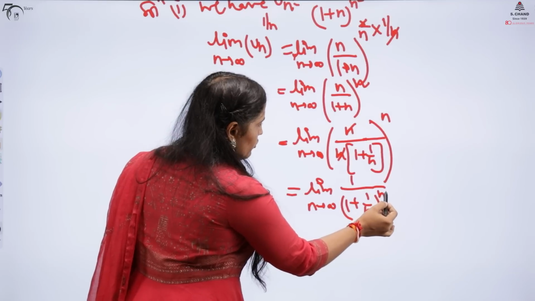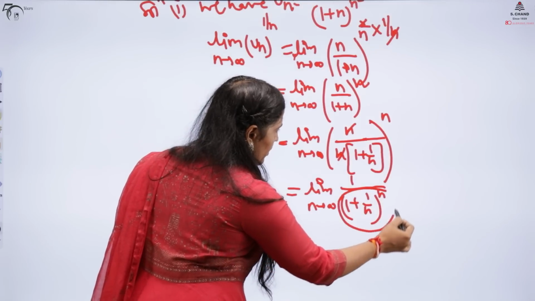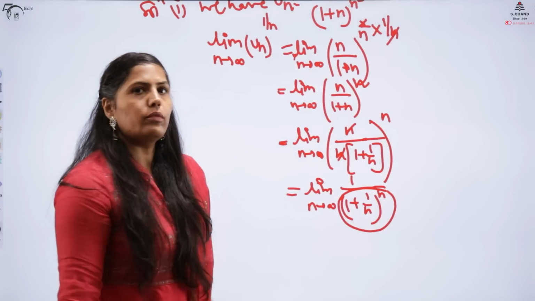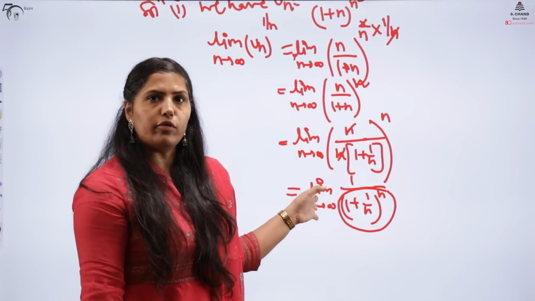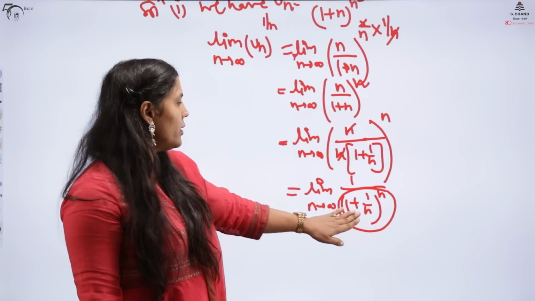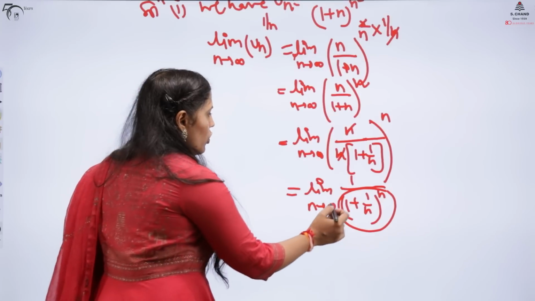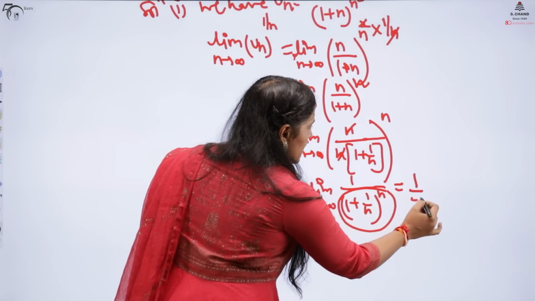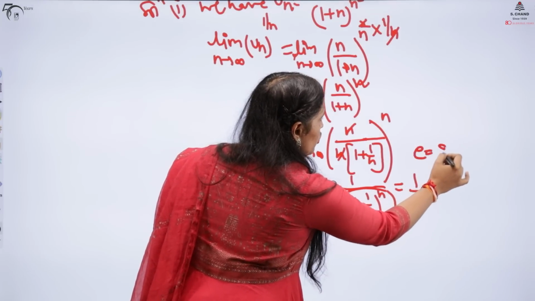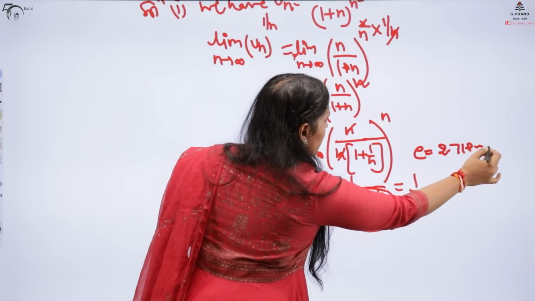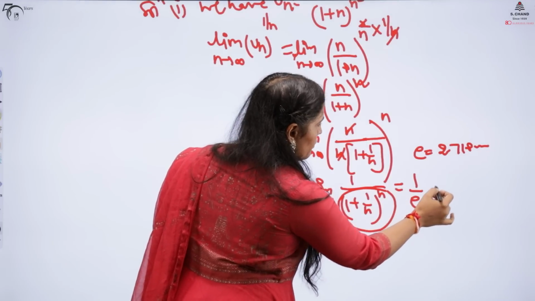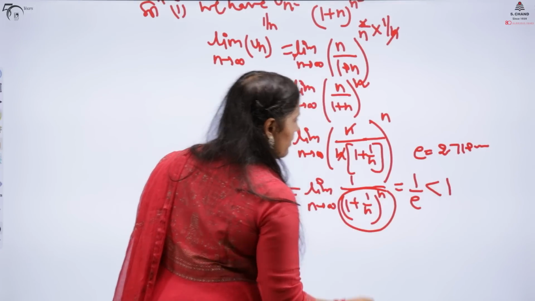This limit, if you remember in my lecture where I discussed indeterminate forms, we did it there and this limit was coming out to be e, exponential e. So 1 upon e, the value of e being 2.718 something, so 1 upon 2.718 will be less than 1.